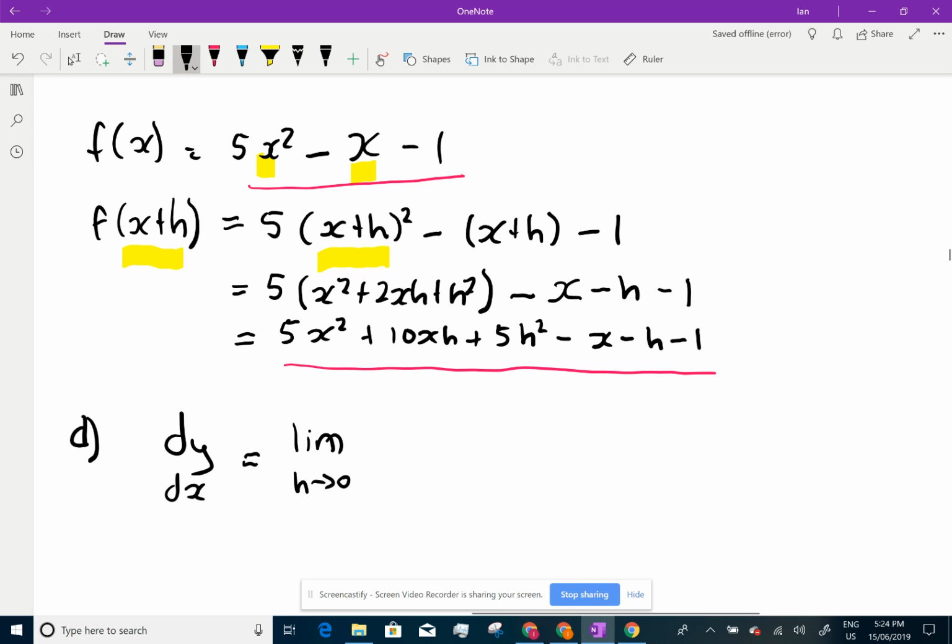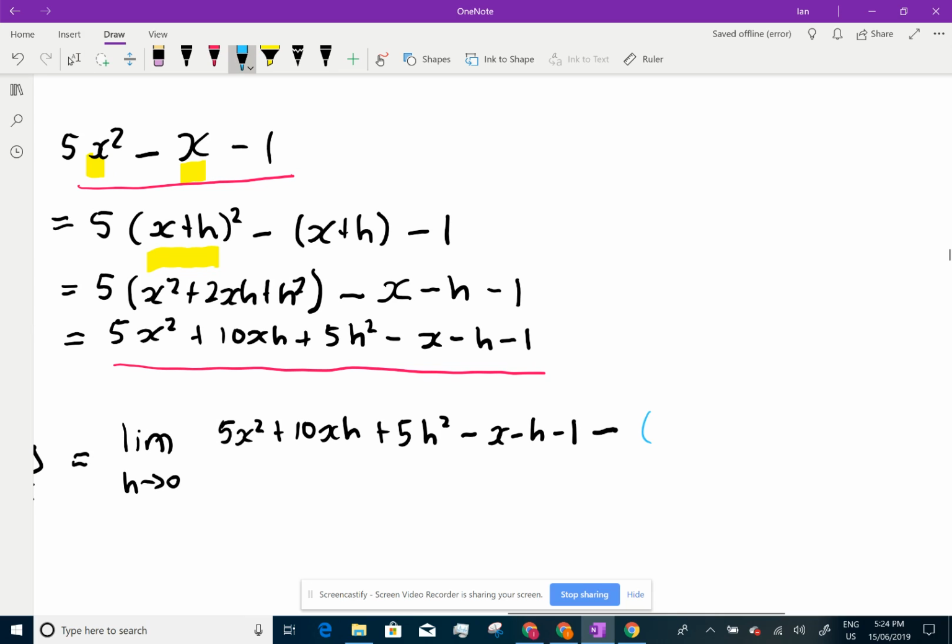So that, which I'm going to put in parentheses, and I'll use a different color. So here we go. 5x squared plus 10xh plus 5h squared minus x minus h minus 1. That's f of x plus h. Minus, now I'm going to go to blue, I'm going to put in parentheses 5x squared minus x minus 1.